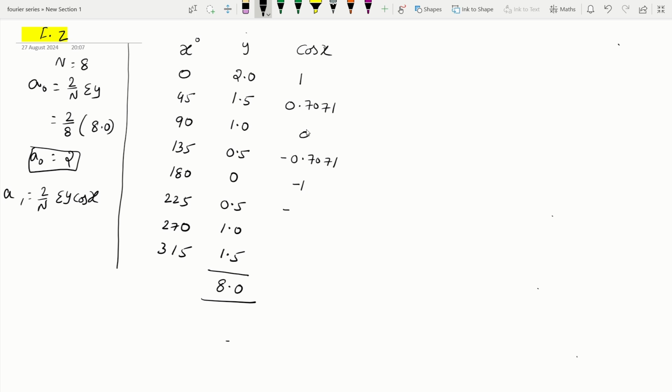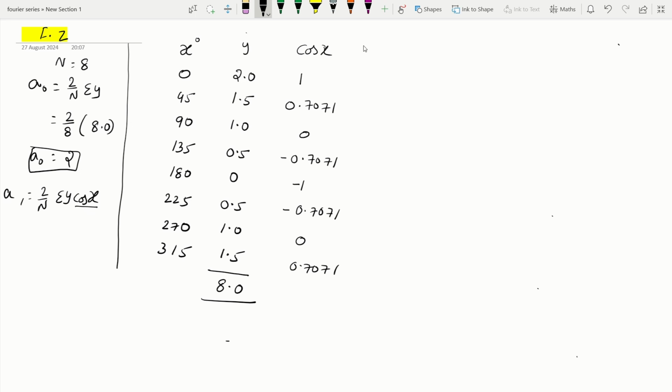Cos 180 is minus 1. Cos 225 is minus 0.7071. Then cos 270 is 0. Then cos 315 is 0.7071.